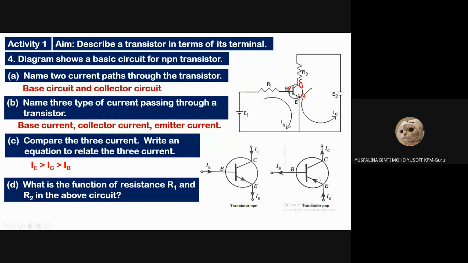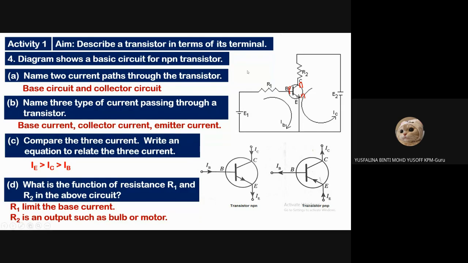What is the function of the resistors R1 and R2 in the above circuit? R1 is to limit the base current. The current will flow from the positive to the base.